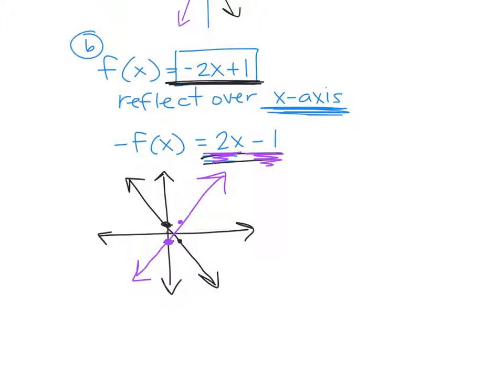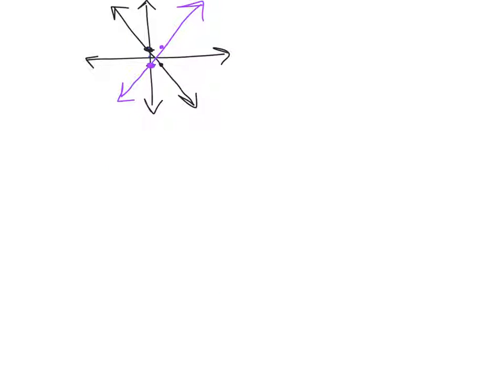Okay, I'm going to do one more. We're not even going to graph these. I just want to see if you've mastered this over the x-axis versus over the y-axis. All right, let's say my equation is f of x equals x minus 7.